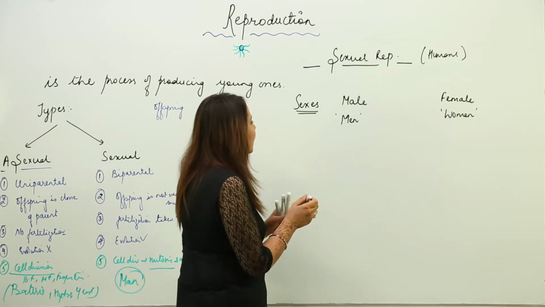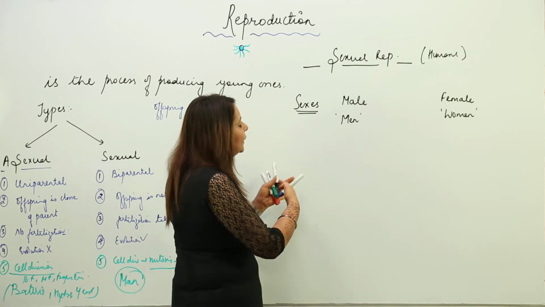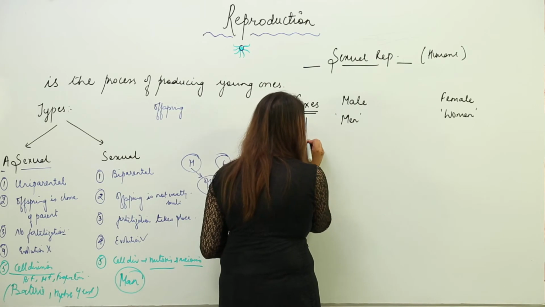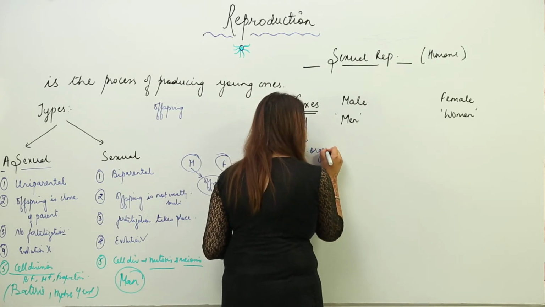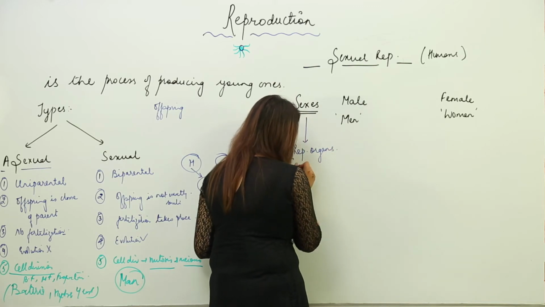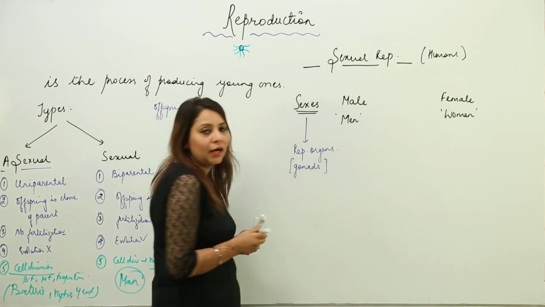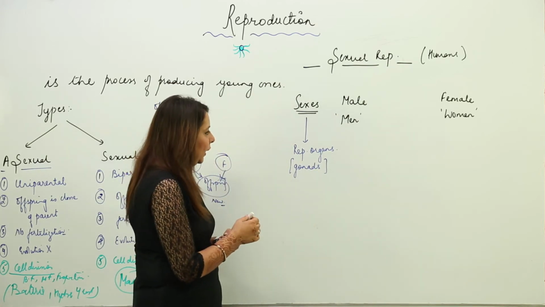Because we have different sexes, they have reproductive organs, and these reproductive organs have been assigned a special name, that is gonads. So this is the other name for the reproductive organs.